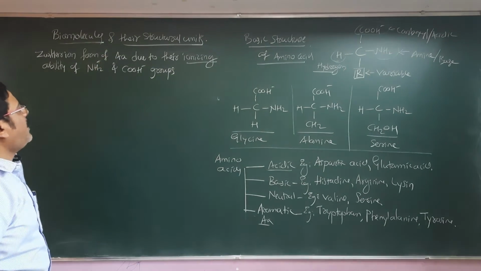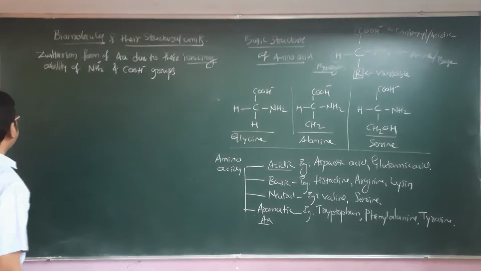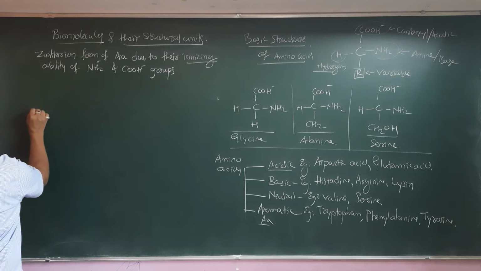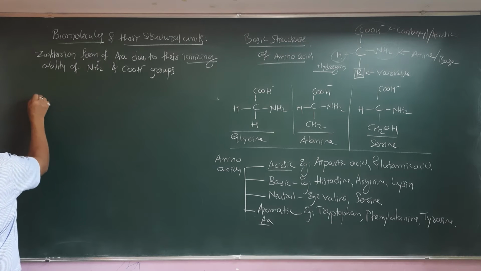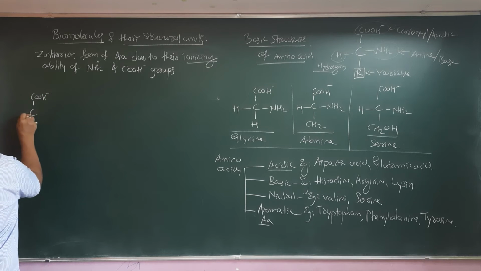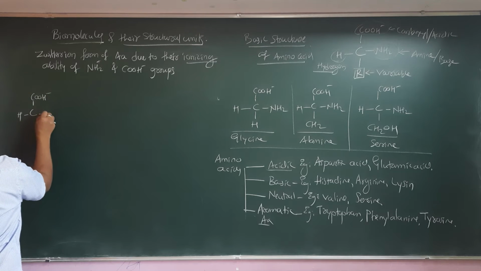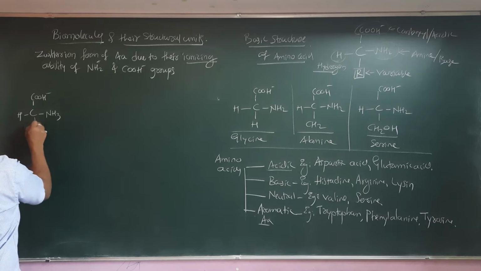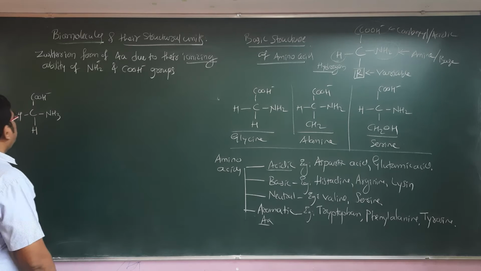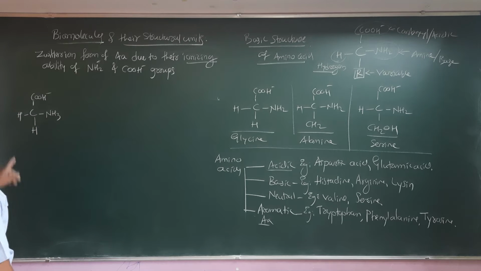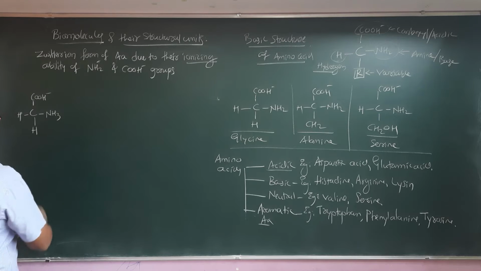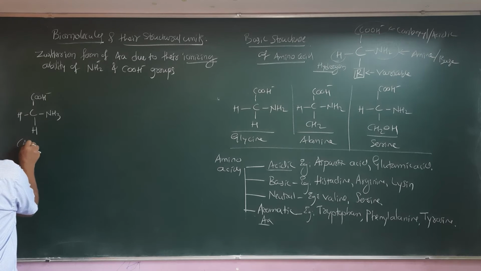Well, let me tell you what happens here. The amino acid has its alpha carbon, its COOH group, and its H group also. Now it may have NH3 here, and the hydrogen over here. Having more of the hydrogen, this is the acidic form of the amino acid.